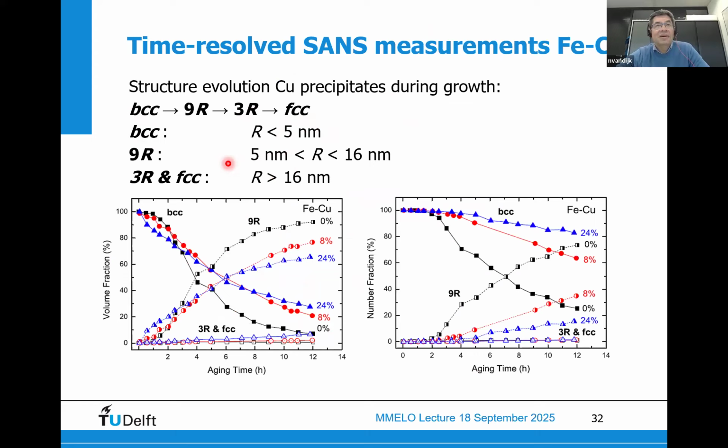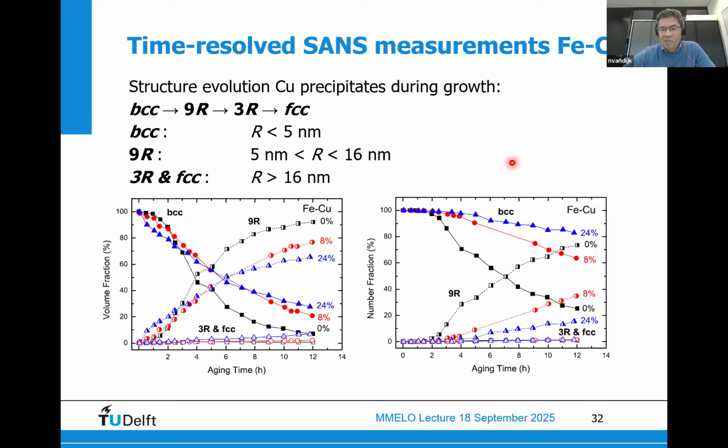So if we take those as limits for the different types as critical transitions, then you can estimate how these different components evolve during the aging time and as a function of pre-deformation, whether you have applied the tensile deformation or not, and if you have applied different levels of tensile deformation, because they define the dislocation density at the start of the experiment.